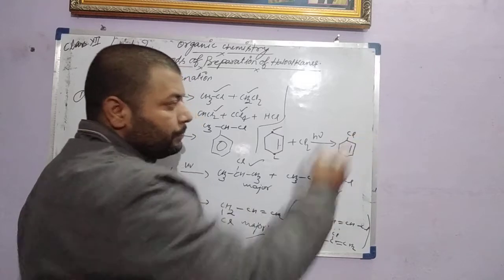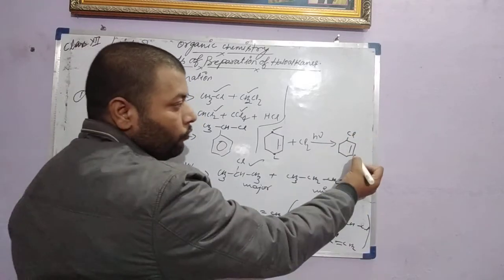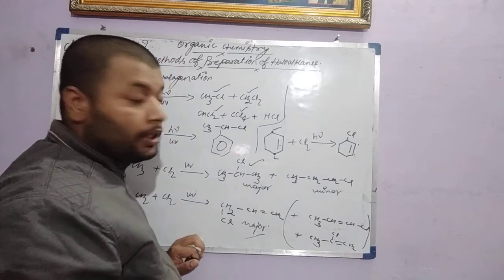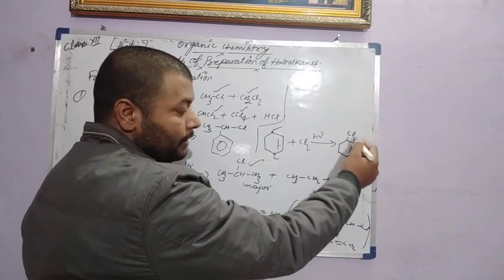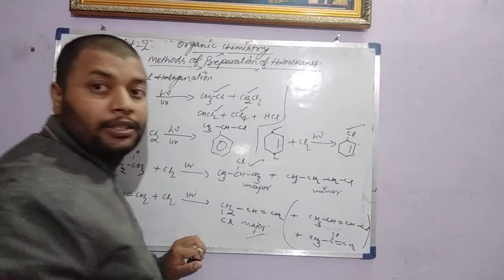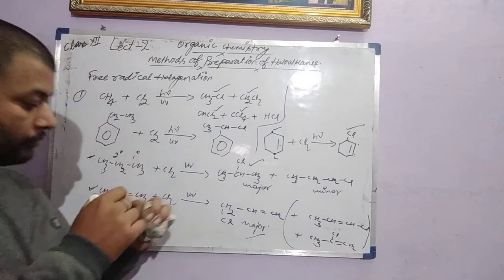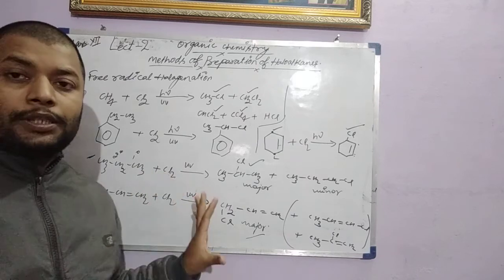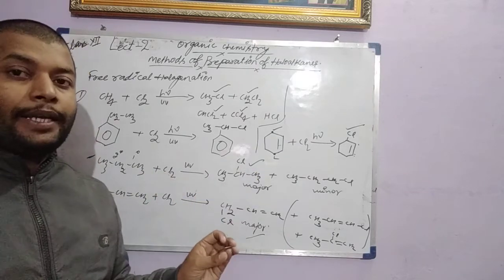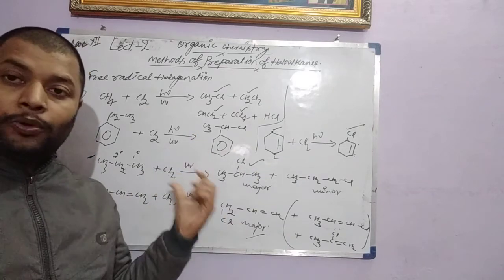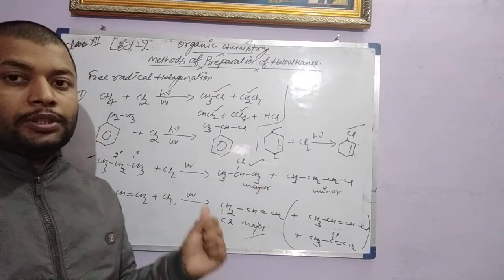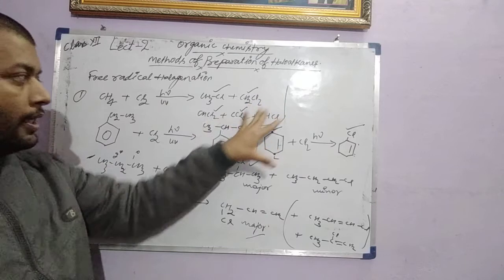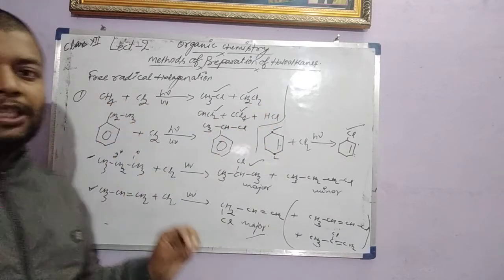See, 1, 2, 3. So the chlorohexene at the conjugation position will be the major product. This is a free radical mechanism. Free radical halogenation forms different haloalkanes by taking chlorine or bromine in the presence of diffused sunlight or ultraviolet. A simple mixture of products will form if we are taking CH4 or ethane.